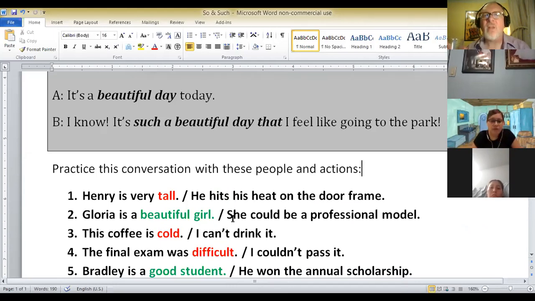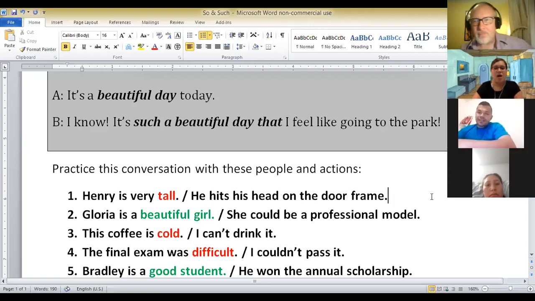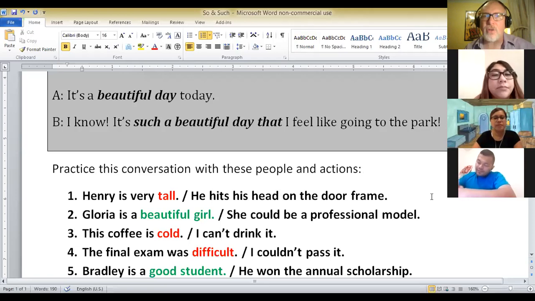He's so tall. Take out very and put in so, right? He is so tall that he hits his head on the door frame. Right.